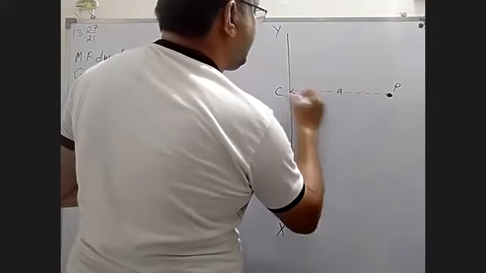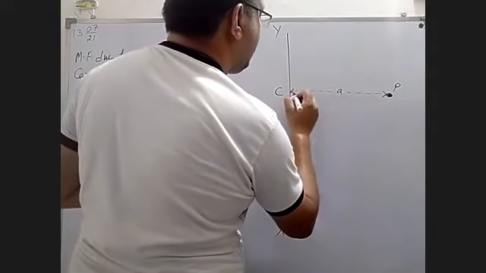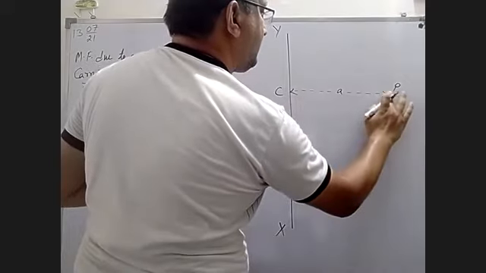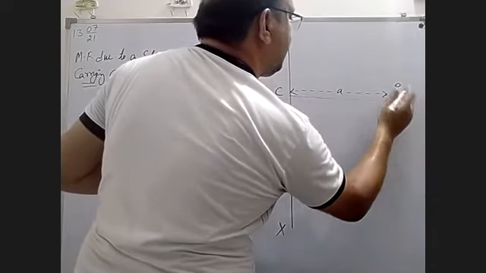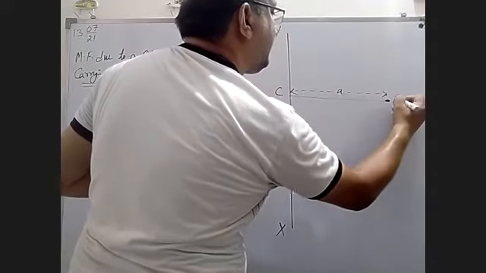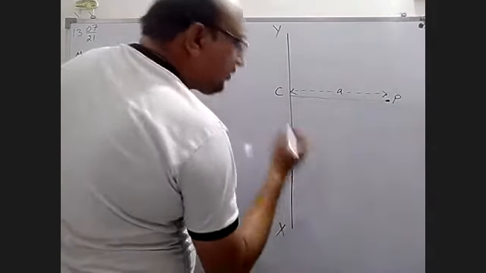You can take the dotted line. This is point P. Now take a small element.